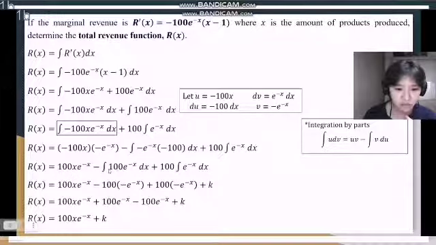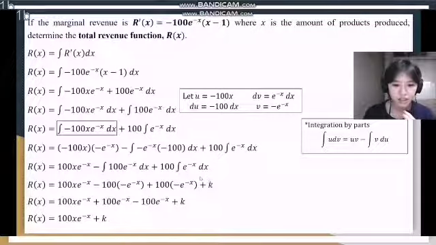The negative becomes positive again. We get the integral of 100 e raised to negative x dx, plus the previous term copied back again. Here the basic integration works. The result is the coefficient remains 100 with negative e raised to the negative x, plus 100 times negative e raised to the negative x, and we have a constant k here.